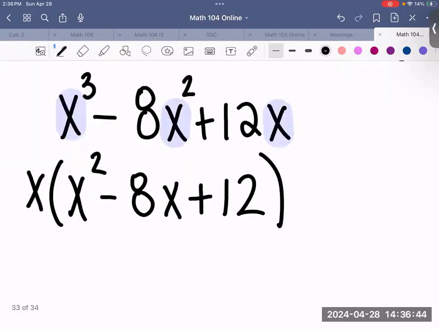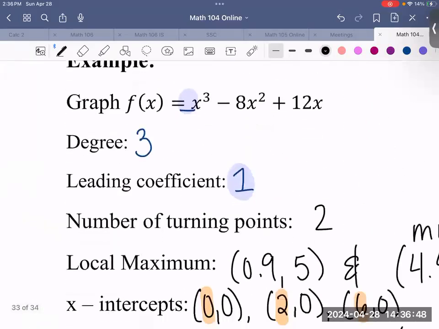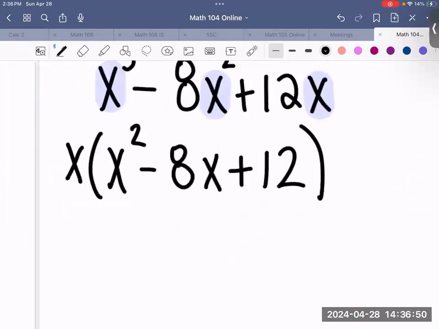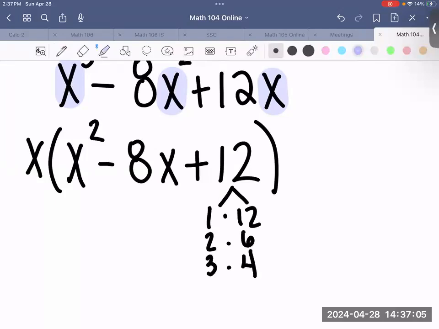Now, can we factor the inside of the parentheses? I just want to verify that I wrote it correctly. Yes, we can. So let's figure out your factors of 12. Let's see, 6 and 2, 3 and 4. Now, of these, which one can get us to a negative 8?